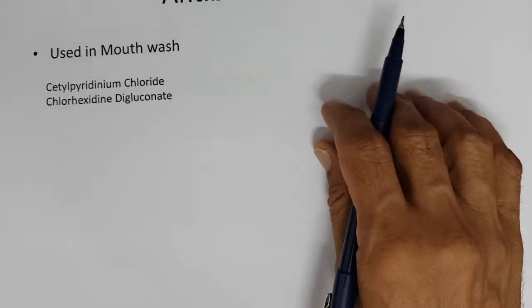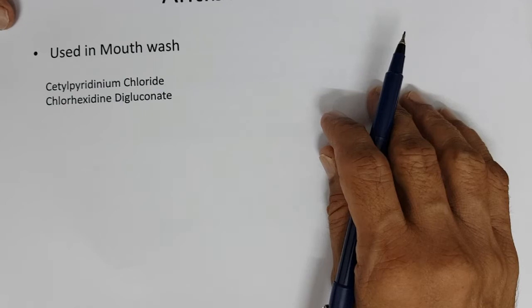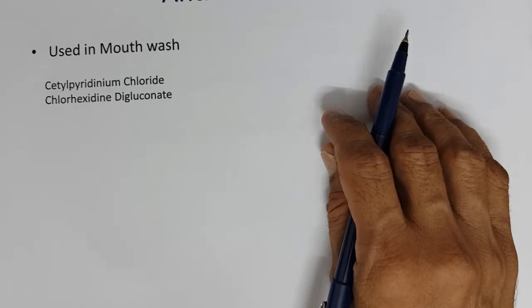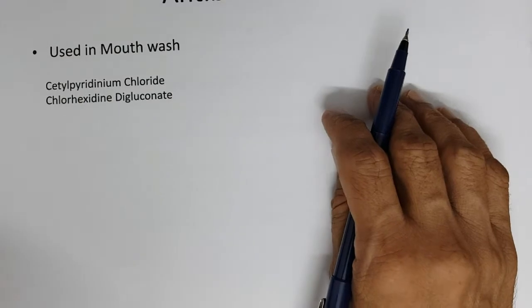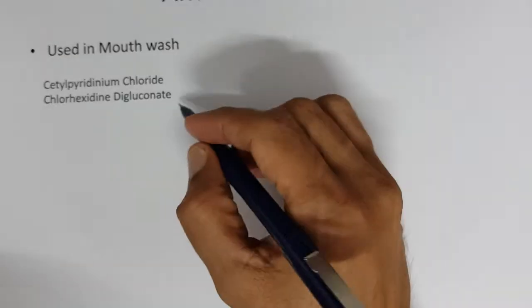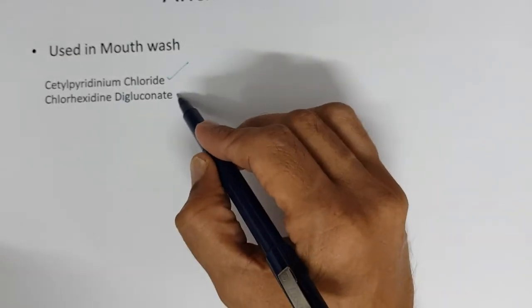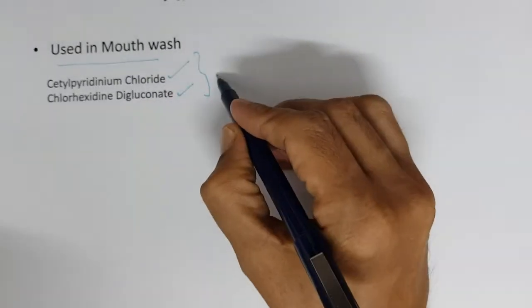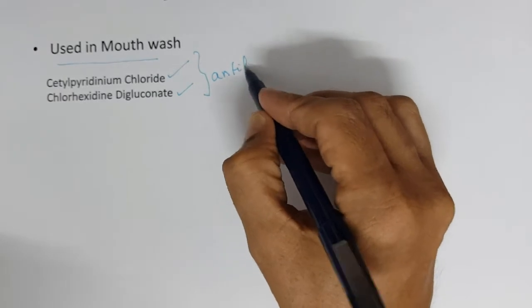Now the antibacterial that was used widely was triclosan. Now triclosan is banned. So fluoride has mild antibacterial activity. Zinc salts have antibacterial activity. And two cationics, cetyl pyridinium chloride and chlorhexidine digluconate, are usually used in mouthwash as antibacterial.